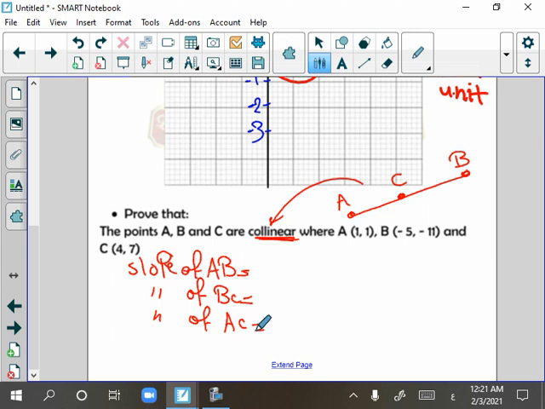How can we find the slope of AB? Slope equals y2 minus y1 divided by x2 minus x1.